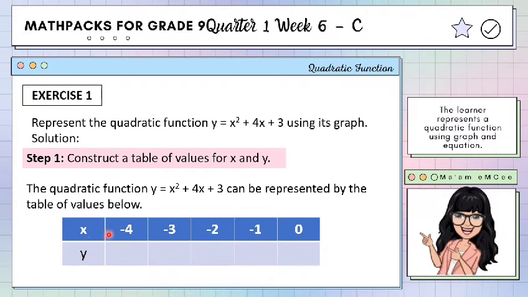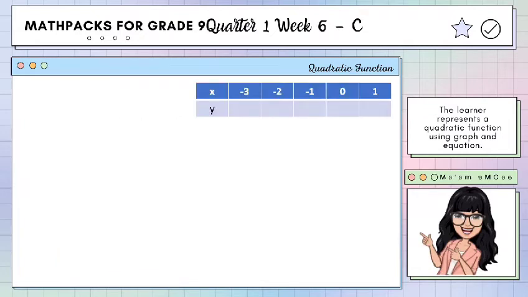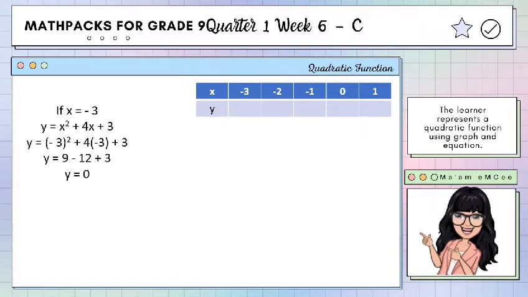So I have assigned x as -4, -3, -2, -1, and 0. So we are going to substitute these values of x into our quadratic function y is equal to x squared plus 4x plus 3 to get the values of y. Let us substitute. If x is equal to -3, then we have here our quadratic function y is equal to x squared plus 4x plus 3.